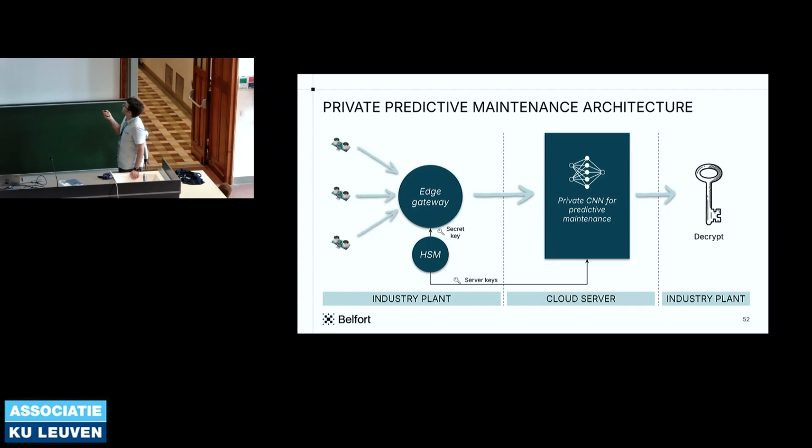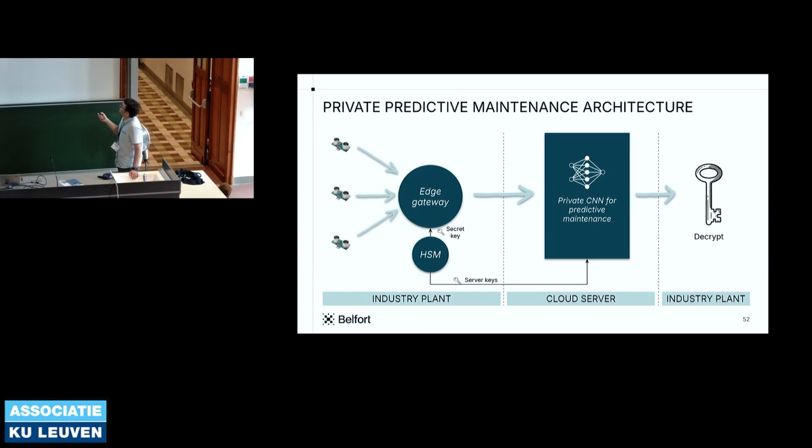You consider that this model is known and operated by the manufacturer of these devices. But the plant operator doesn't want to share this precious sensor data because that would reveal something about his operation. And the manufacturer doesn't want to reveal the machine learning model.